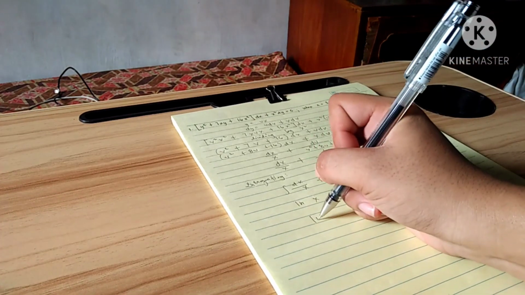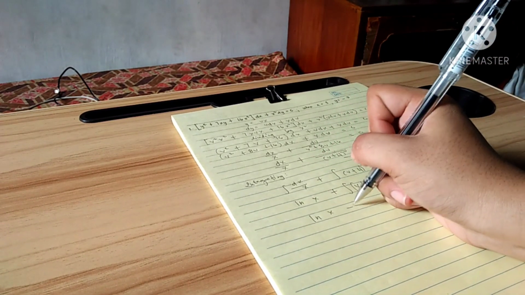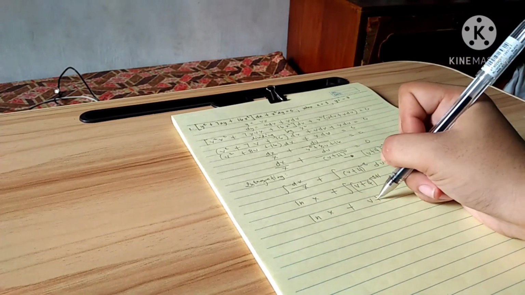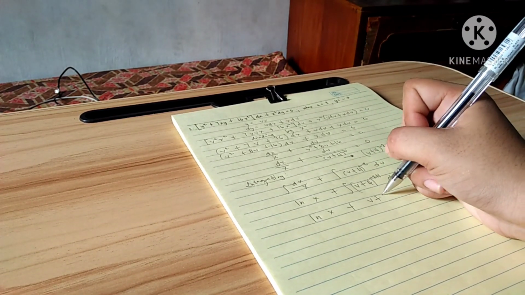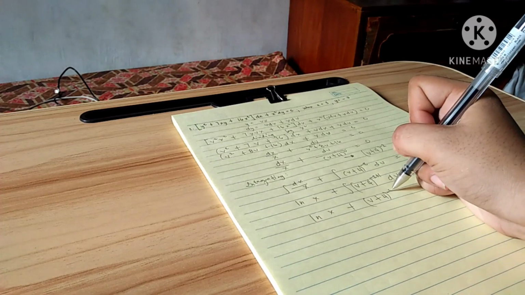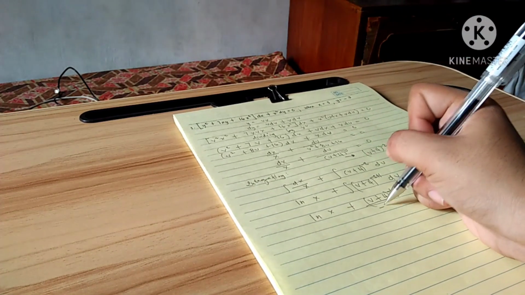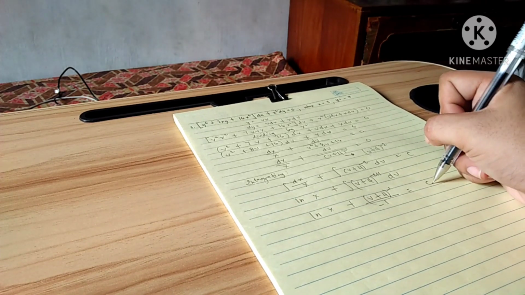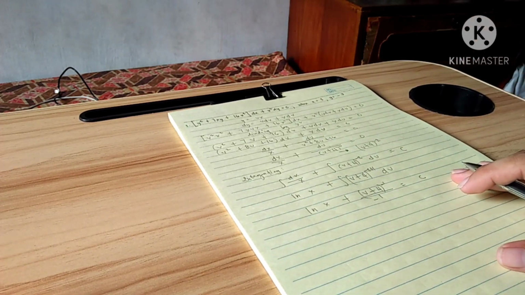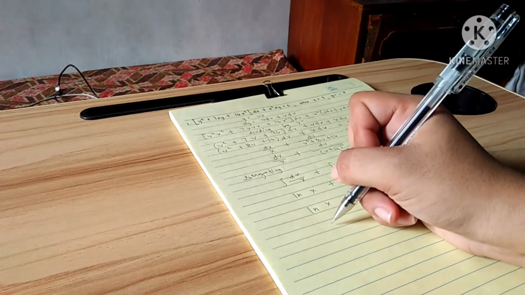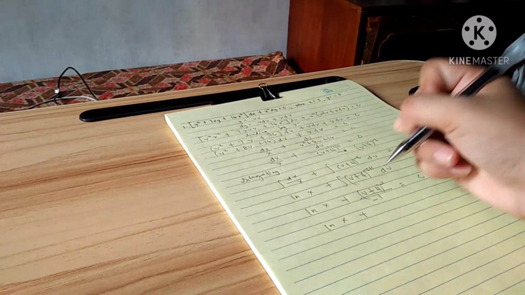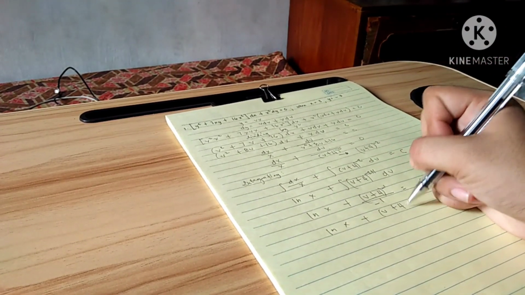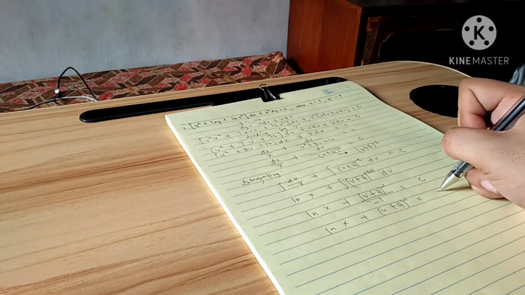So, magiging na yan, ln x plus v plus 4 negative 1, then negative 1 din dito sa baba is equals to c. Or simply as ln x plus v plus 4 negative 1 is equals to c.